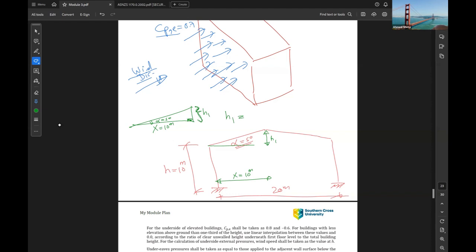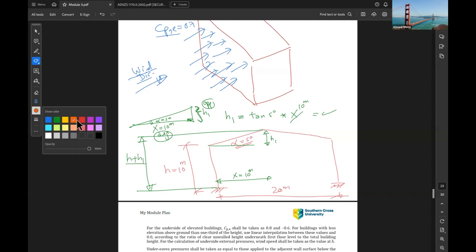H1 is the opposite to the angle, so you have the adjacent and opposite. Sine will not be it, sorry. It will be tan of 5 degrees times x, which is 10 meters. So you can find H1. So the total height, or the highest point of the building, will be H plus H1.